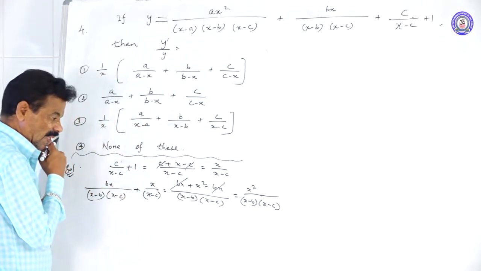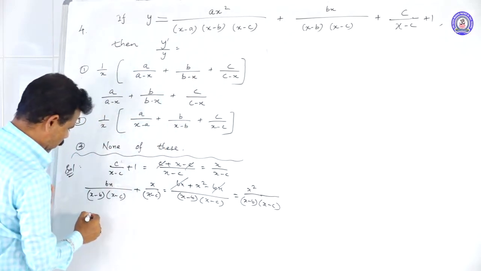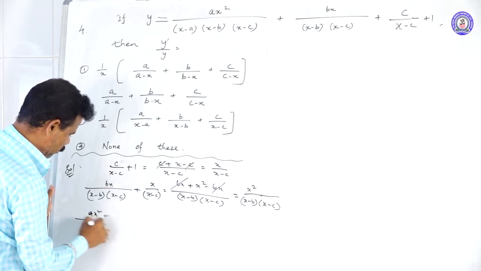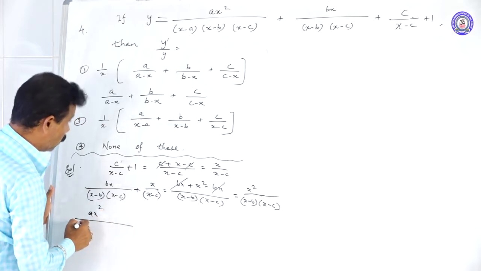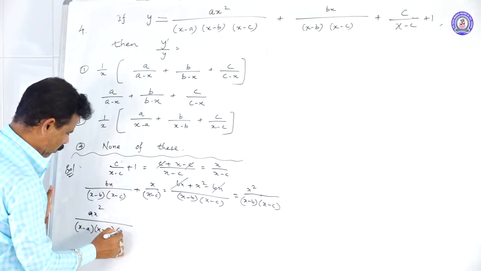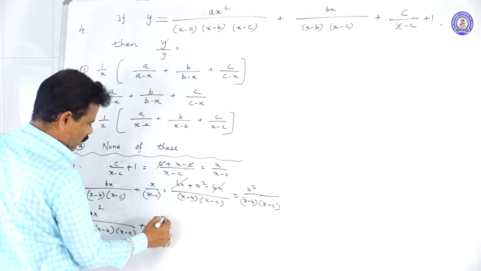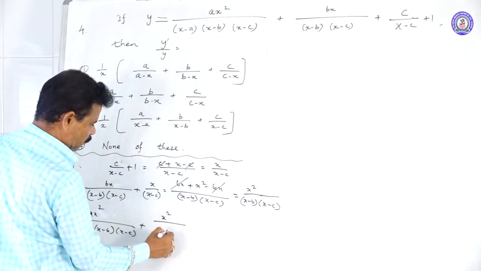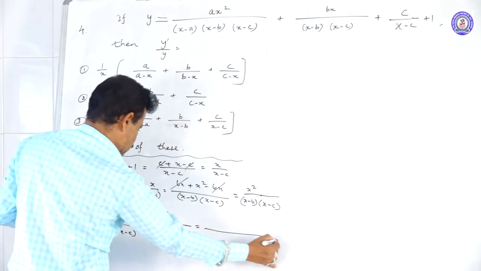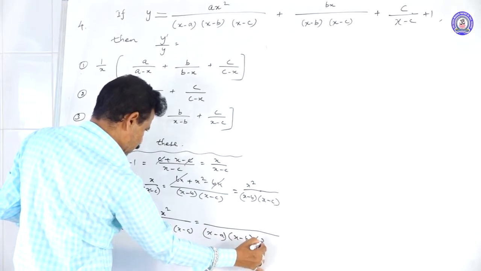In the shortcut way, after bx, next you come to this term ax square by x minus a, x minus b, x minus c, plus the total term x square by x minus b, x minus c. So this is equal to LCM x minus a, x minus b, x minus c.